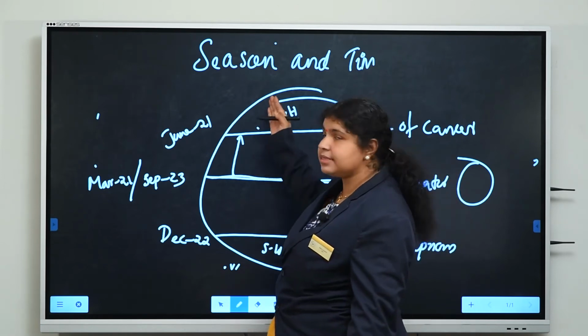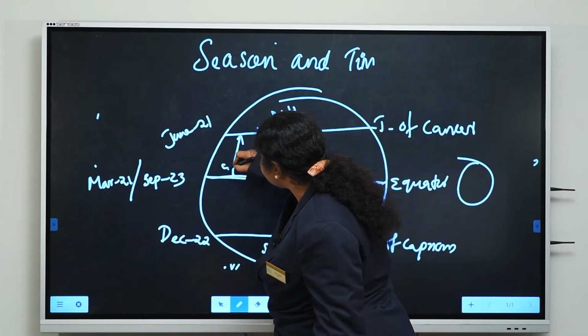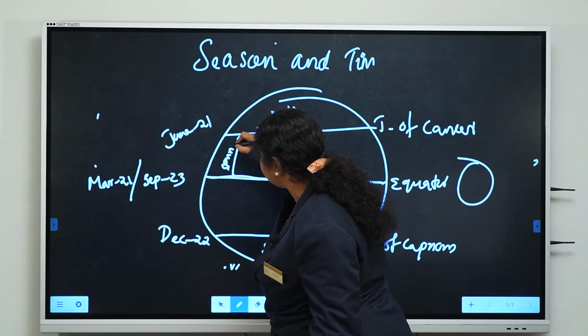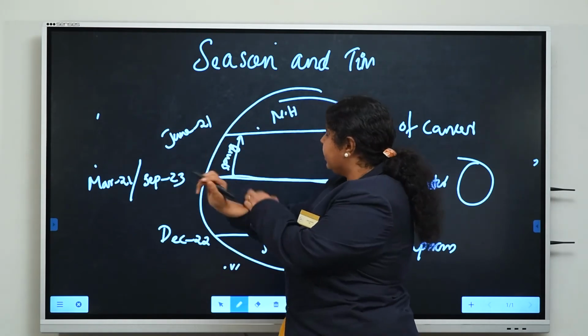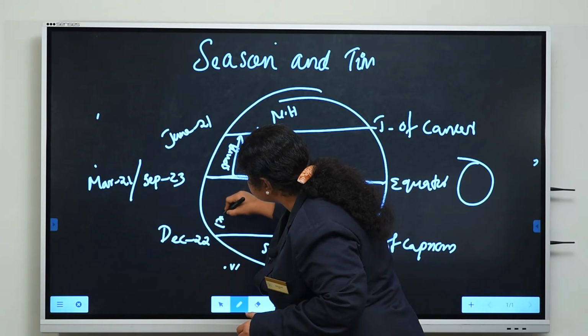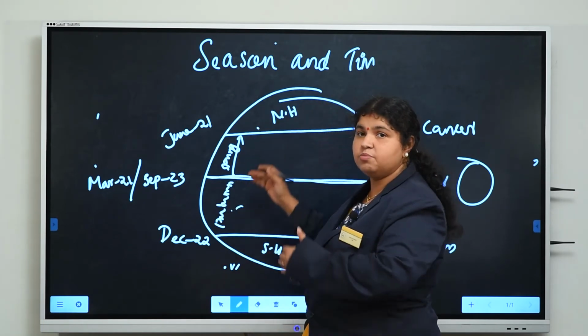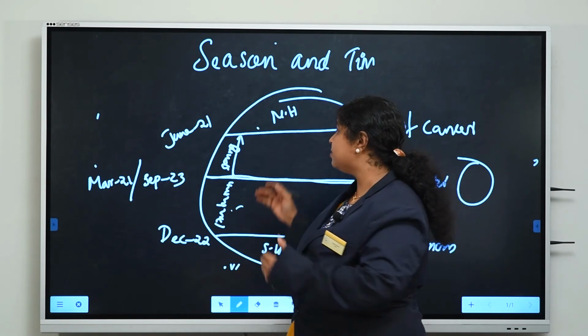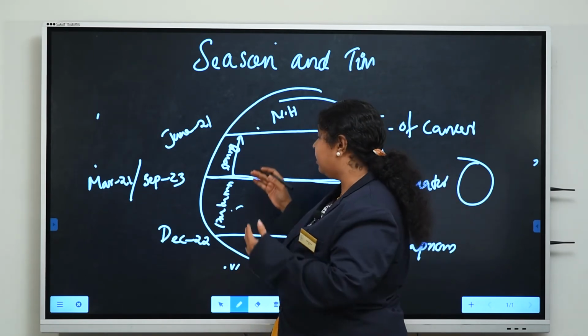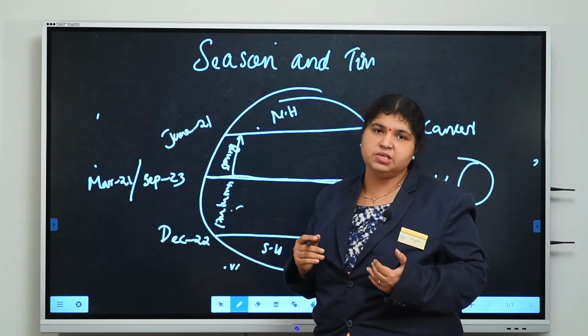During this journey, it is spring in the northern hemisphere, and during that time it is autumn in the southern hemisphere. That means seasons always come just opposite. When it is spring in the northern hemisphere, it is autumn in the southern hemisphere.